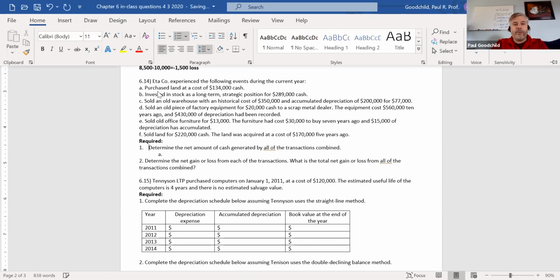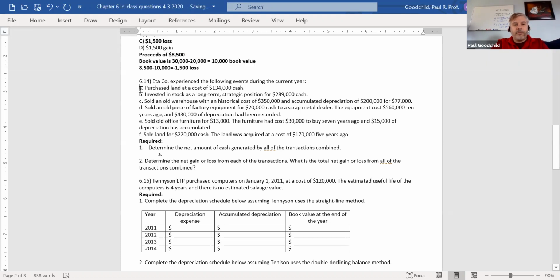So again, go through A through E, or excuse me, A through F, and determine the net amount of cash generated. And then type that in the chat to me privately.